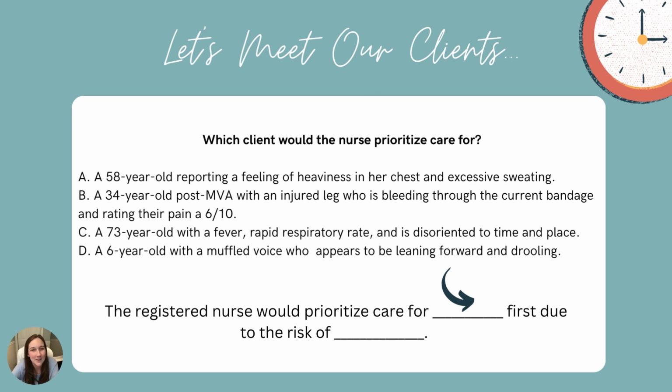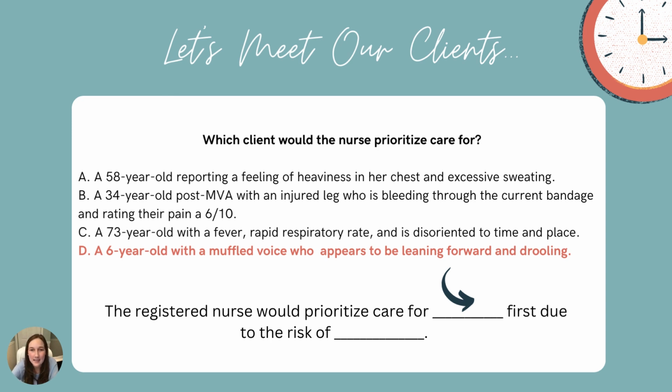All right, friends, let's walk through this one. So our correct answer here is client D, a child who is leaning forward, has a muffled voice, and is drooling, is highly suspicious for what? Do you remember? Epiglottitis. And if you all remember what epiglottitis is, it's when the epiglottis literally swells and can block the airway. And remember your mnemonic we mentioned with prioritization questions?